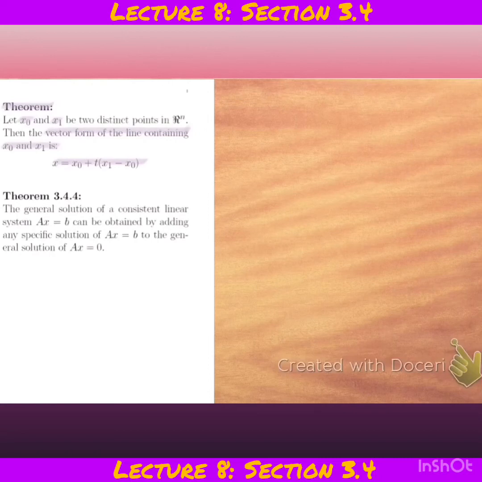How would you see that? It's an application of the first theorem we did in this section. You're given the point x0 and the point x1, and you want to form the vector v, which is x1 minus x0.